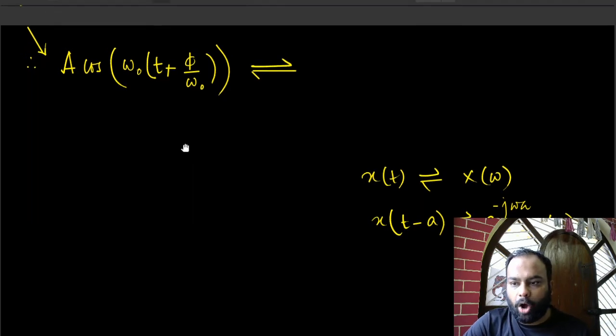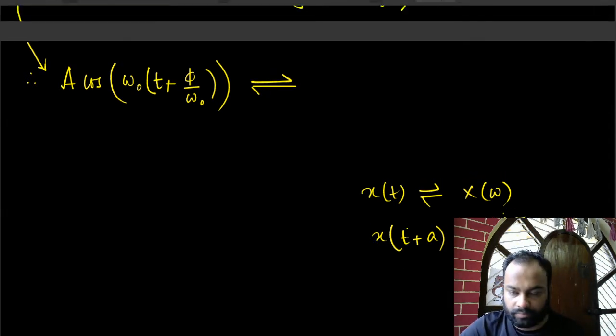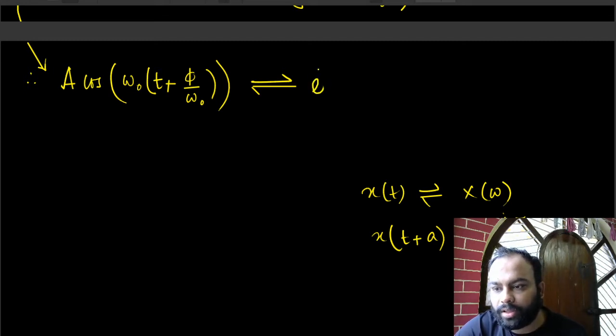The question is, how much time did I shift here? If I have a plus sign here, I get a plus sign in the exponent. So this is the amount of shift; this is like a here. So the answer would simply be e to the power j omega, and instead of a I have phi by omega naught.